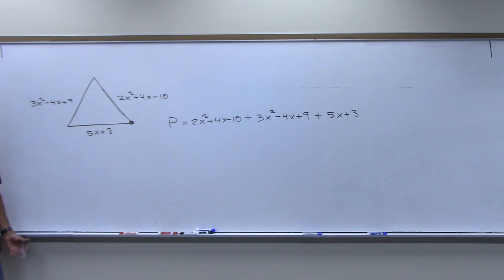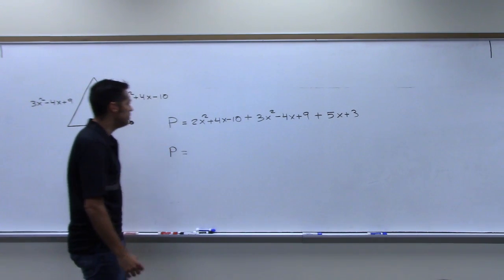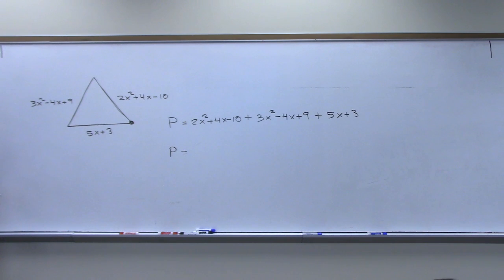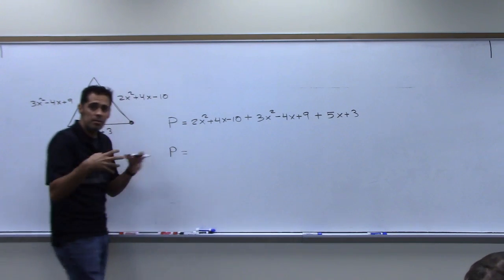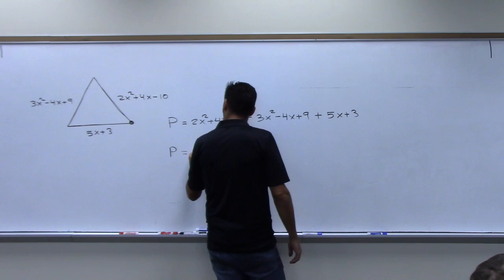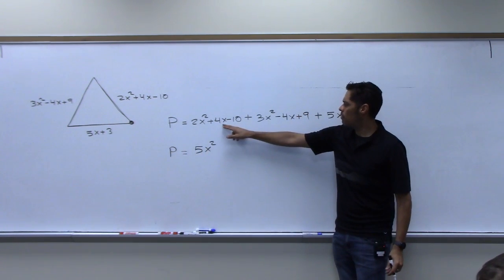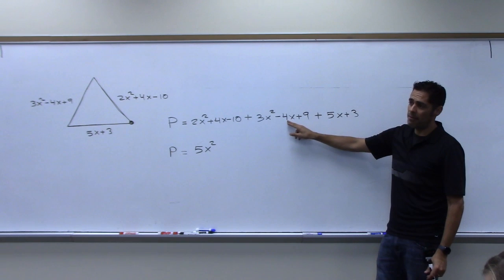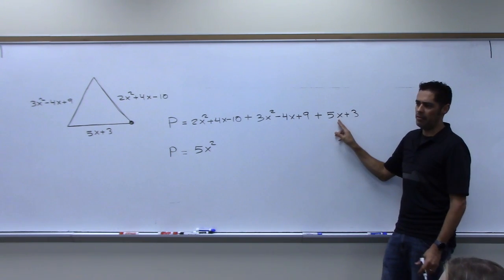That's all we want. So how many x squareds will I have? I have 2x squareds here, and I have 3x squareds here. So when I add those together, we have 5x squareds. How many x terms do I have? 4x. I take away 4x, so it's gone, but then I add 5x.